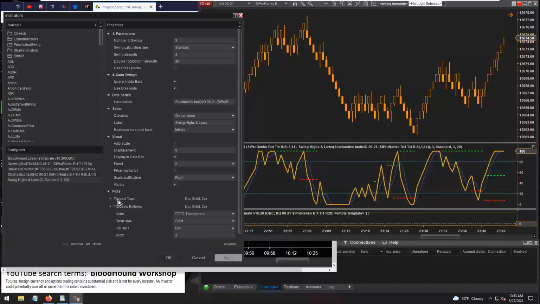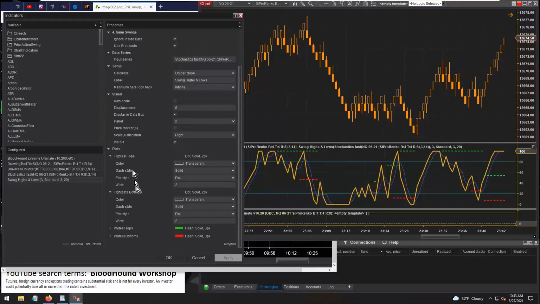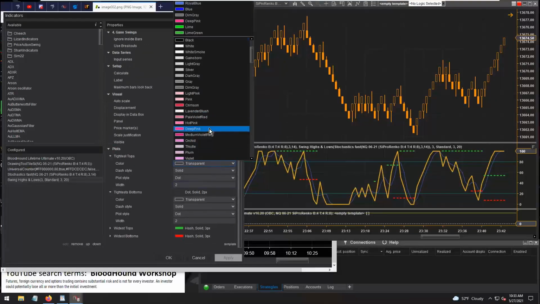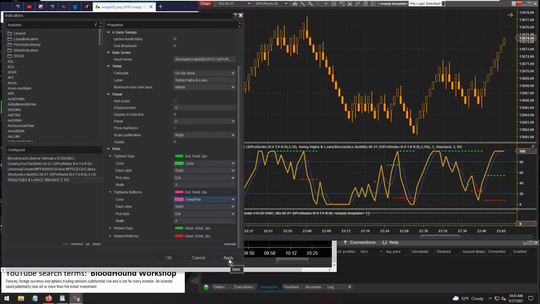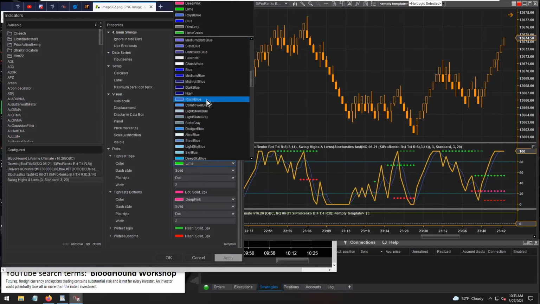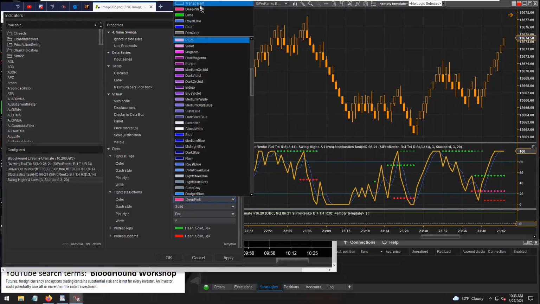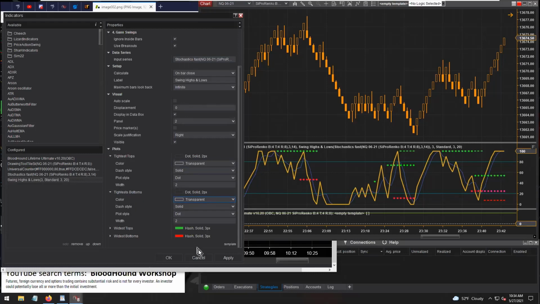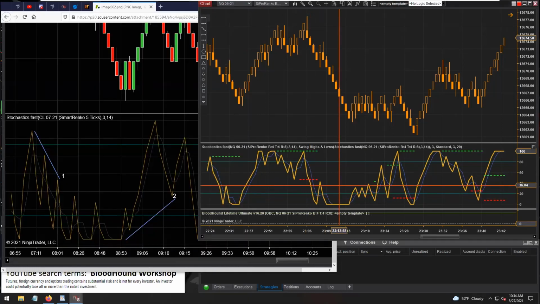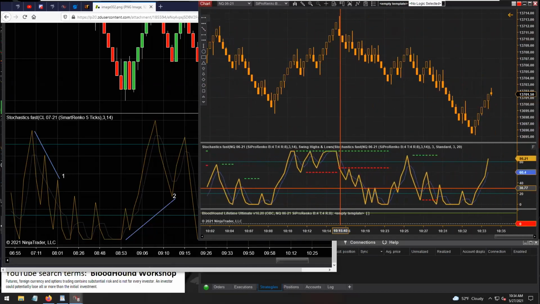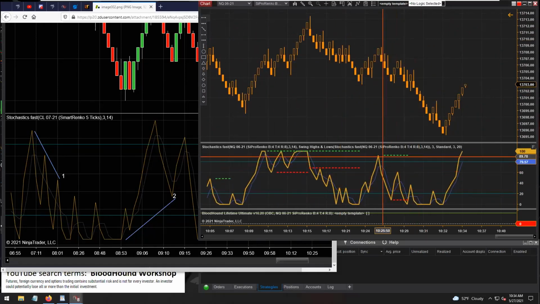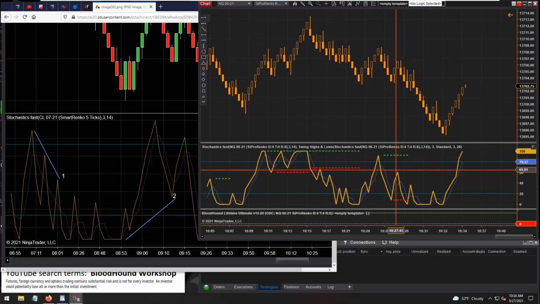Let me turn on the tightest plots here and see if that gives us any help. I didn't think that was going to help any, but it's always worth trying. All right, I'm going to turn the tightest plots off. We can see here that some of these high points are not being detected either.